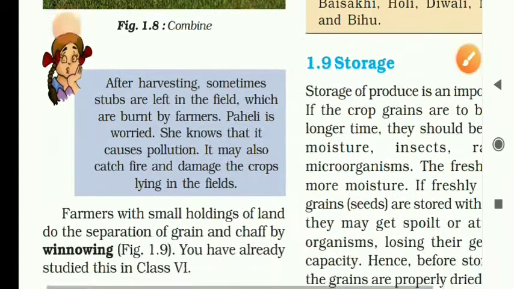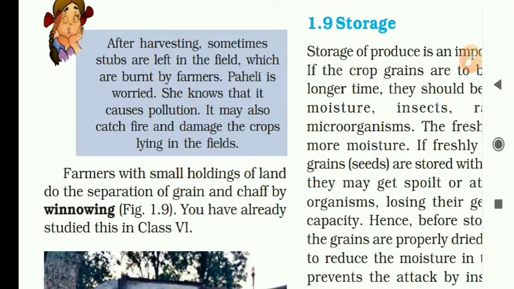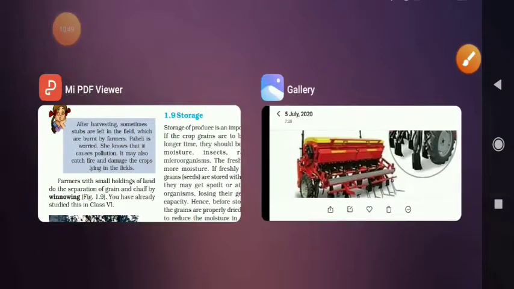Farmers with small holdings of land do the separation of the grain from the chaff by winnowing. So here, what is winnowing? Farmers separate the grain from the chaff by wind; it is called winnowing. I will show this winnowing process now.